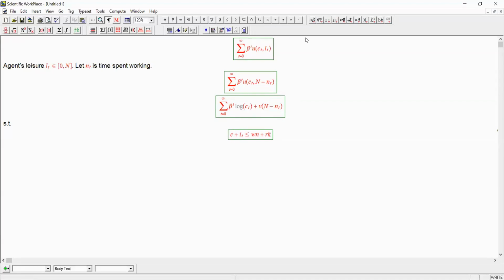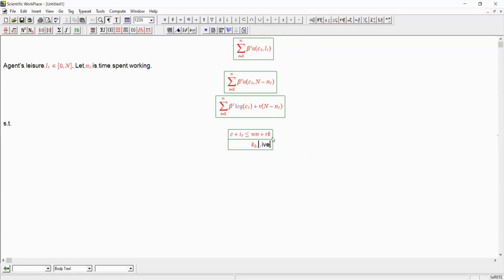And of course, with K0 given, and Z following some productivity process. I can write those assumptions out just for completeness.